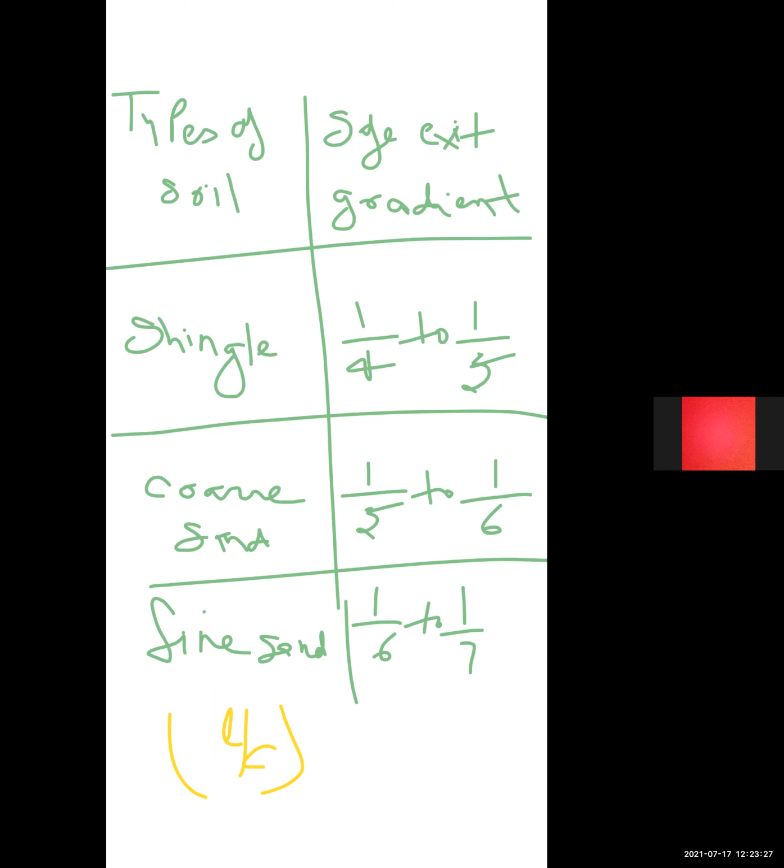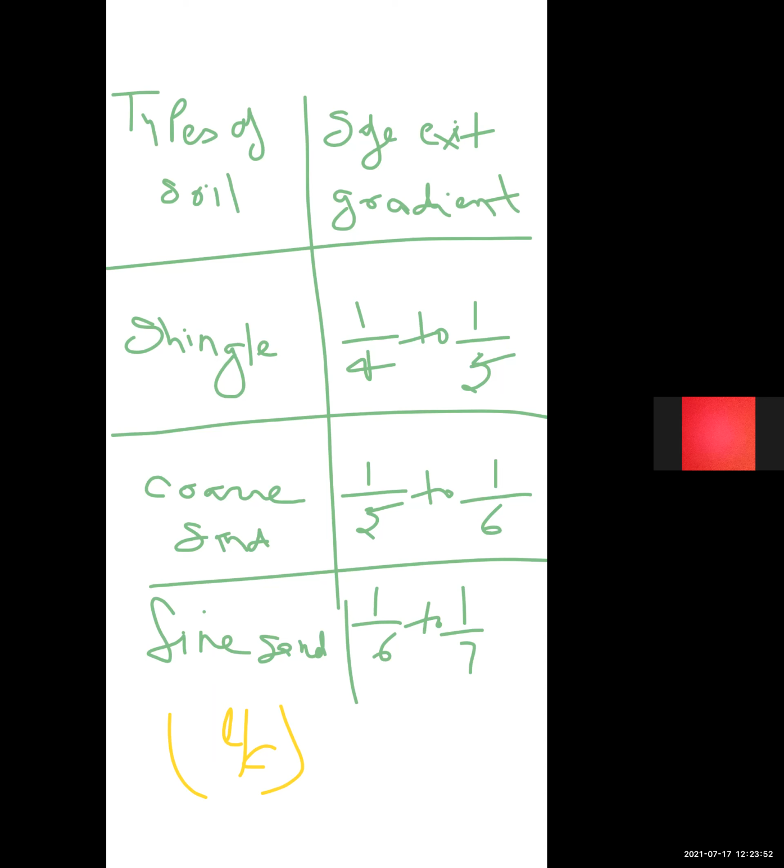And undermining of the floor starts from the downstream end of the floor, and if not checked, then travels upstream toward the weir wall. The undermining starts only when the exit gradient is unsafe for the subsoil on which the weir is founded.